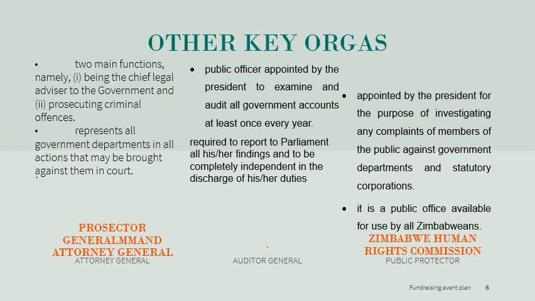Now, besides the three main state organs that we talked about, there are also other key organs that assist to enforce the law and so forth. We have the Attorney General's office, which in Zimbabwe is subdivided into the Prosecutor General as well as the Attorney General.